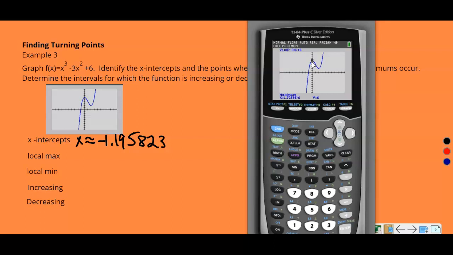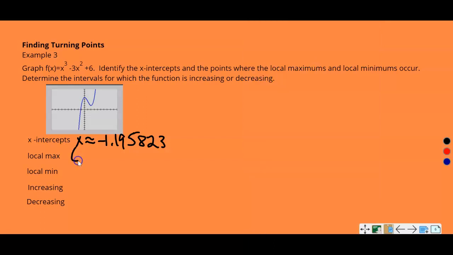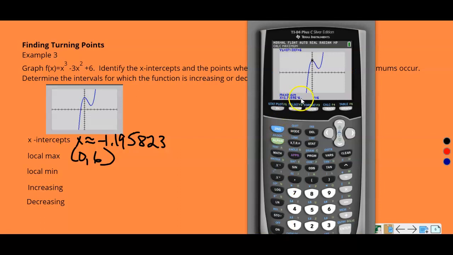So our local maximum, we're just going to put 0, 6. Now, if you don't see that E there, you won't know that that's in scientific notation. So don't put 1.7. 1.7, remember, is like over here between 1 and 2. So that really is just very close to 0. So that's 0, 6.